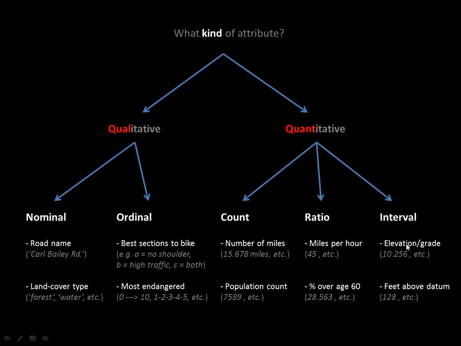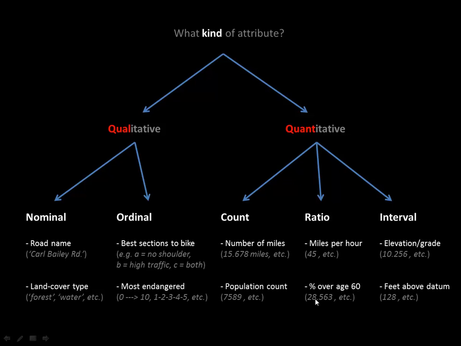And you might say, well, percent, shouldn't that be a ratio? Well, the trick is that usually the ratio has a natural 0. So, for instance, what percent of the population in any county might be over 60?